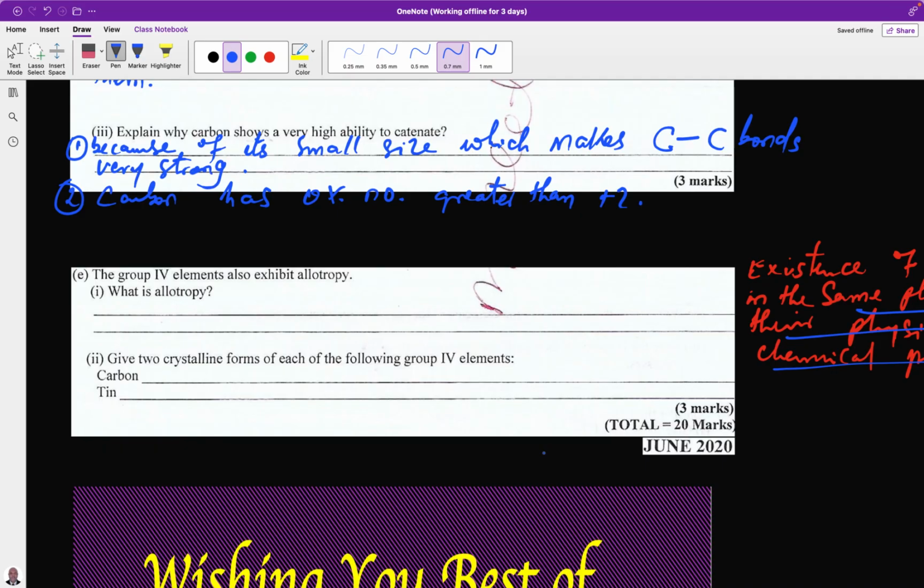Even though there is fullerene in carbon, in a crystalline form, carbon will exist only as diamond and graphite.